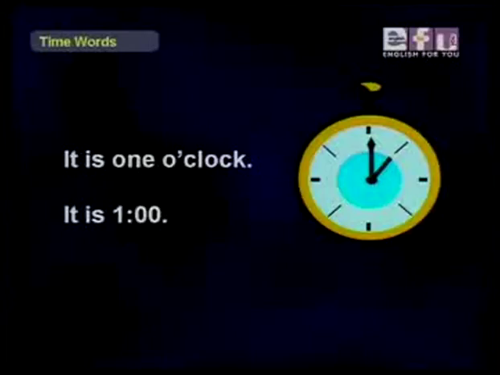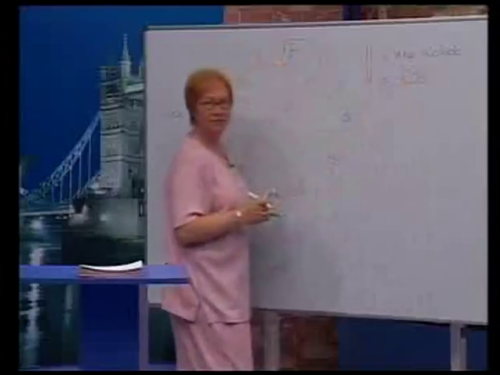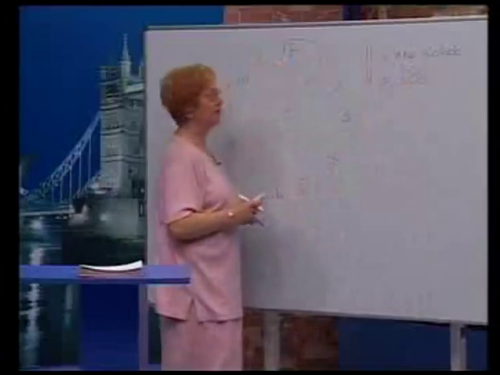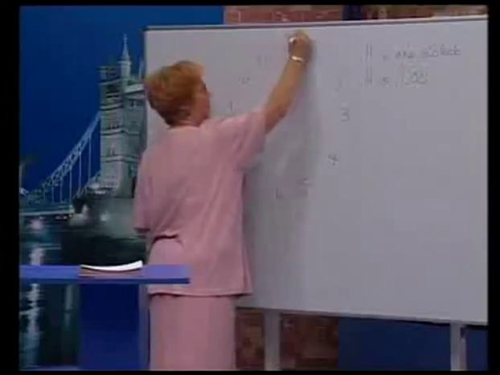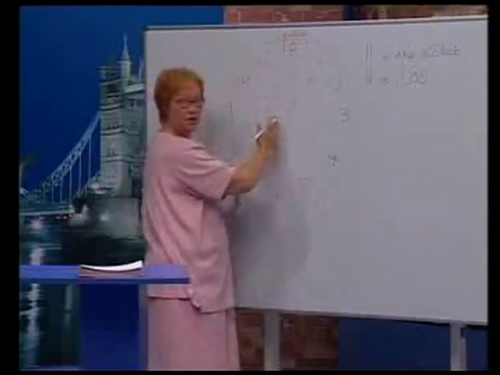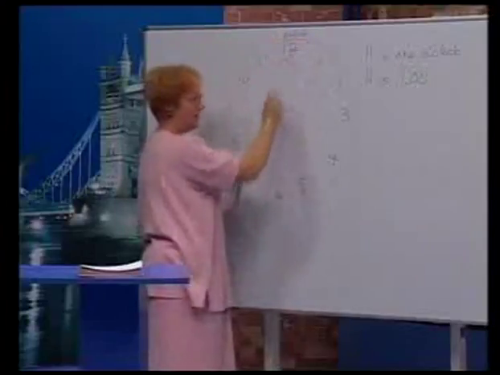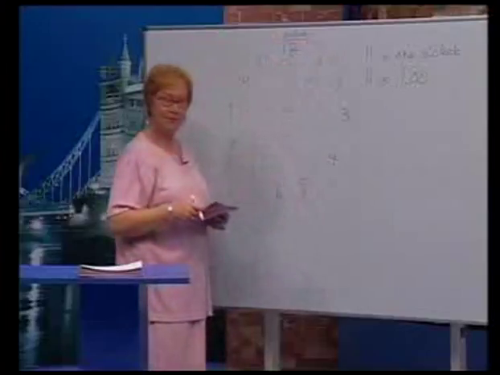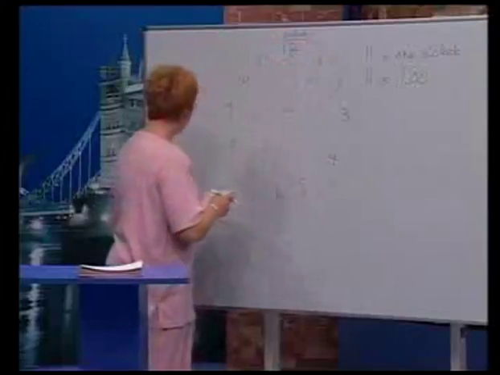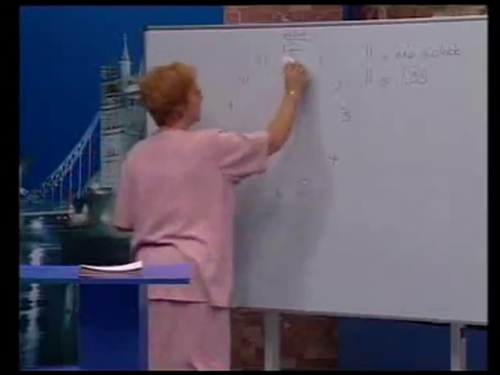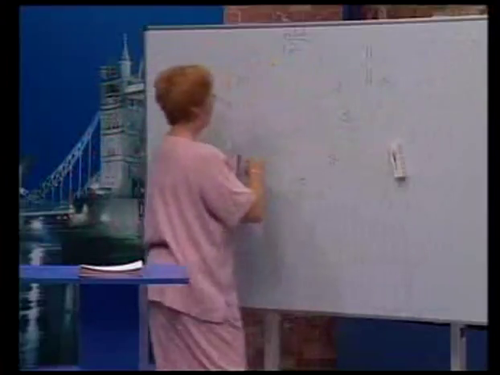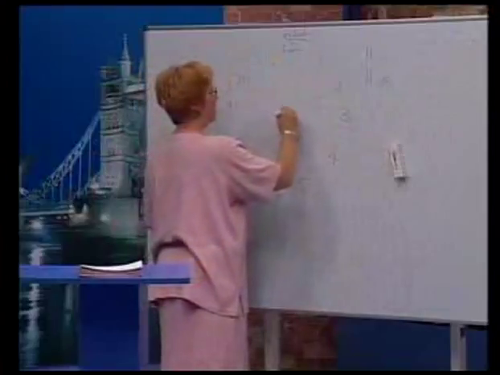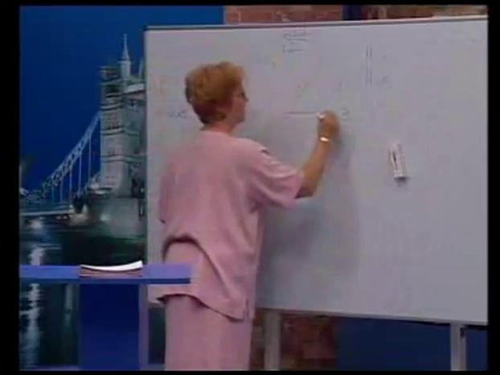Or we can say, easy, it is 1 o'clock. Now, we only say o'clock when it's here. Only here. 1 o'clock. All right? Now, another example. We'll still use 1.